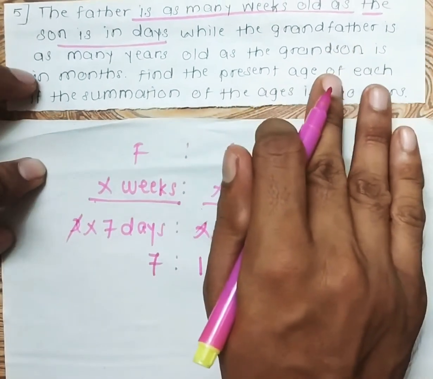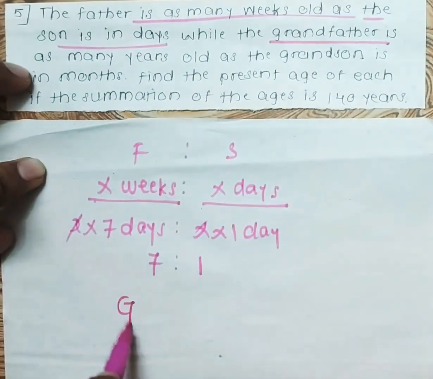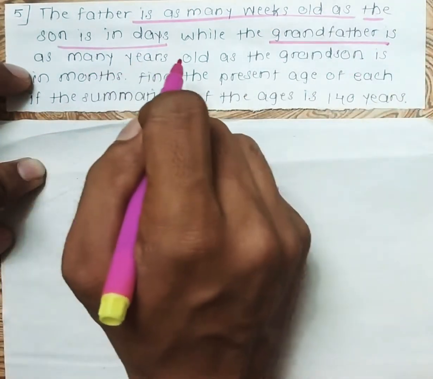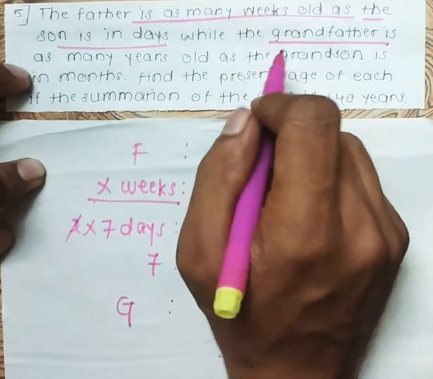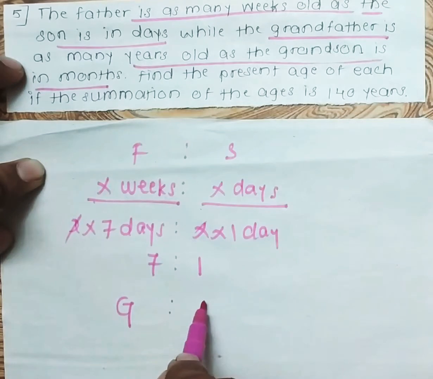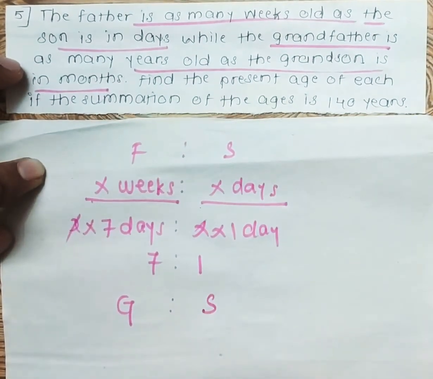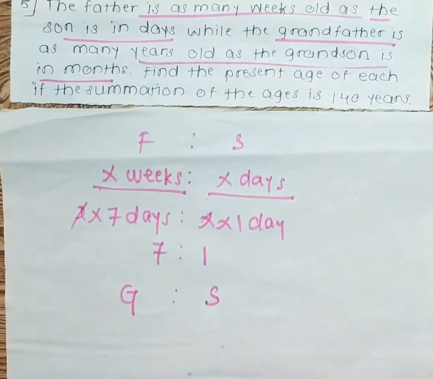So the next part of the question is, now the grandfather is included in the question. The grandfather is as many years old as the grandson is in months. We don't know how many years old the grandfather is.